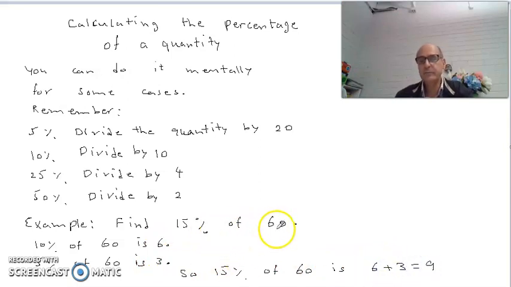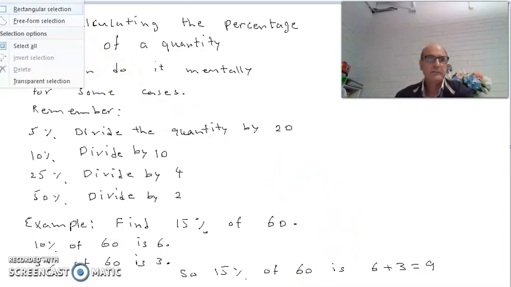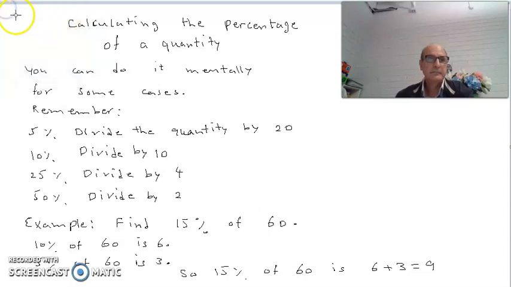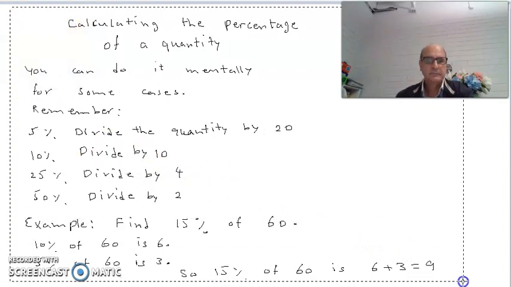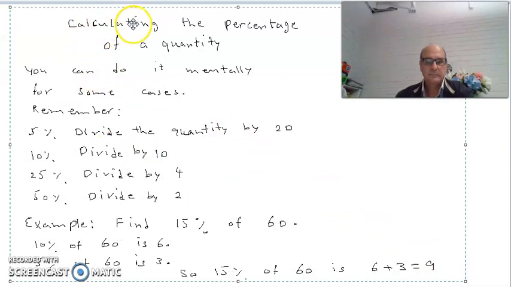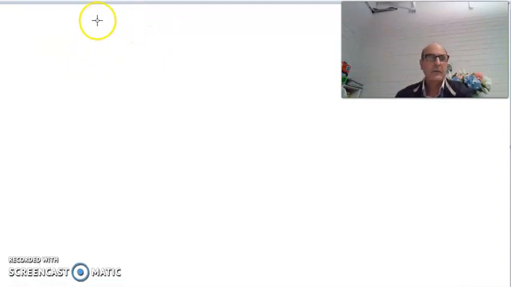So 15% of 60 is 9. Okay. That was finding it mentally.